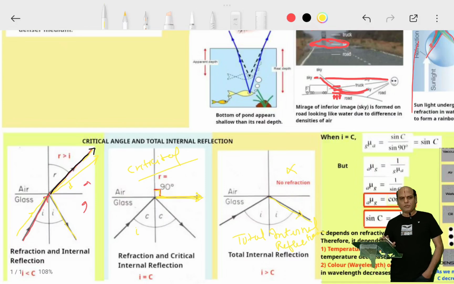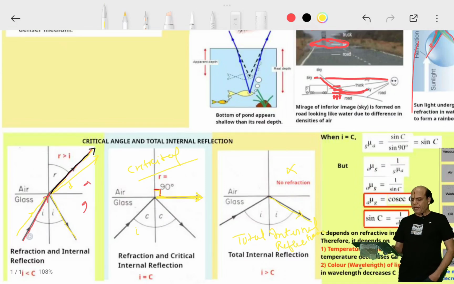Okay, so clear? As the angle of incidence increases, the refracted ray moves closer to the boundary of the media, or in other words, the angle of refraction keeps increasing.